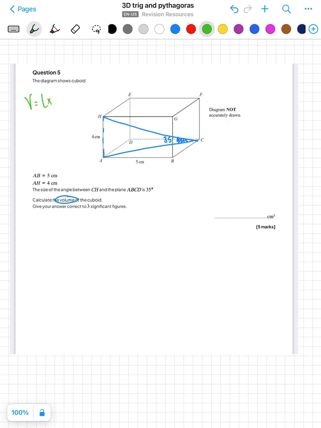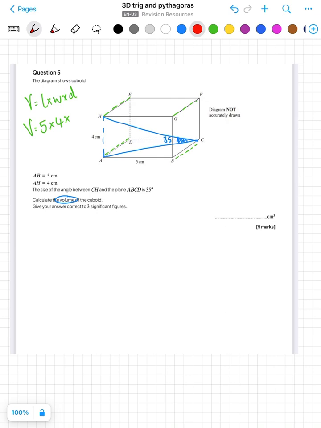Let's recall, volume of a cuboid is length times width times depth. Well, we know 5 times 4 times depth, which is something we don't know. So we want to find the length of either BC, AD, GF or HE, as they are all the same length, they are all the depth. So let's start with what we can see.